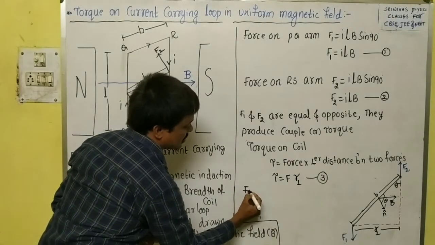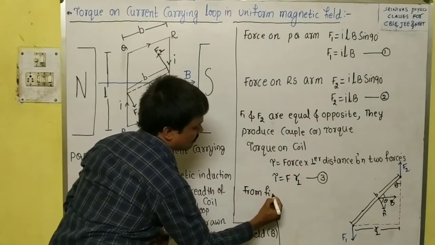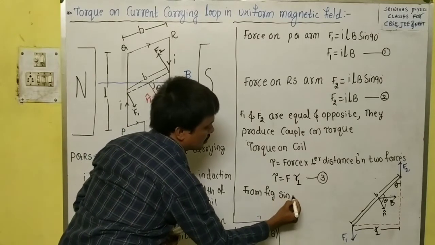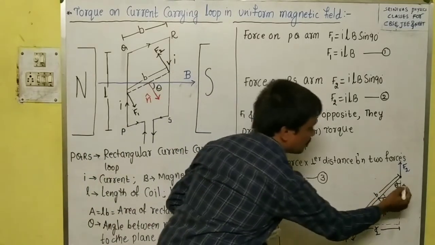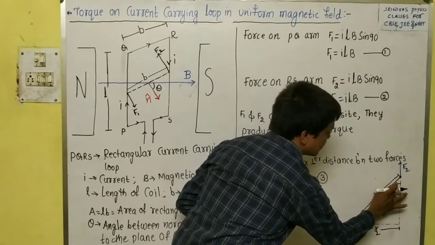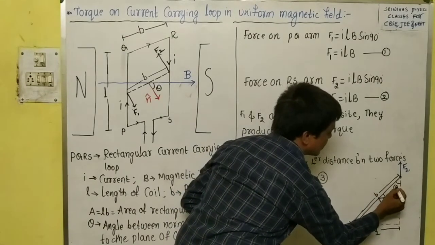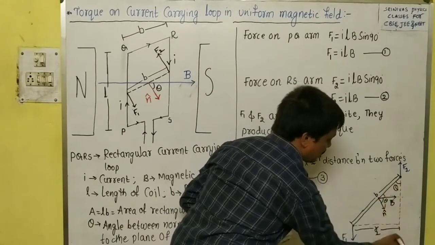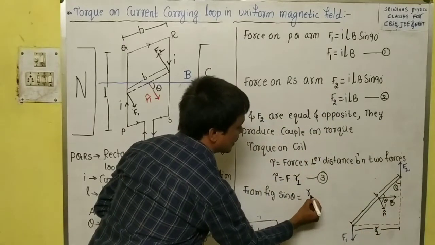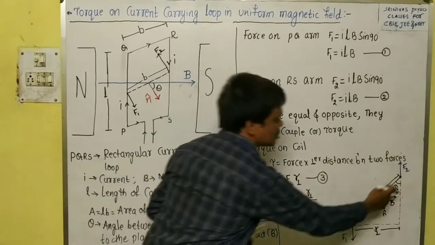Okay, from the figure we write sin theta. Sin theta equals the opposite side, this is theta, over the hypotenuse. Sin theta equals R perpendicular by hypotenuse.